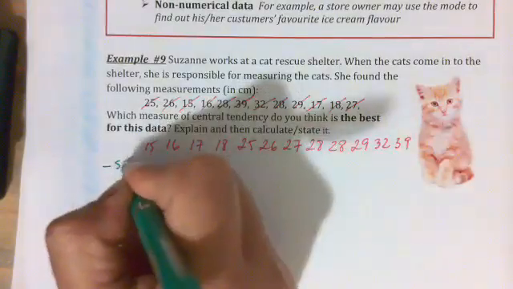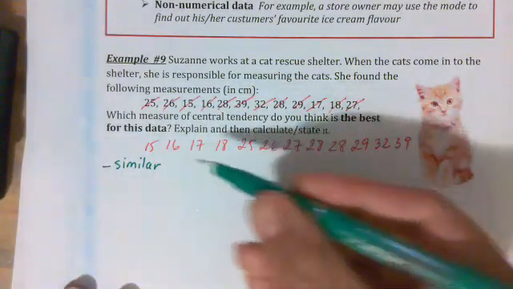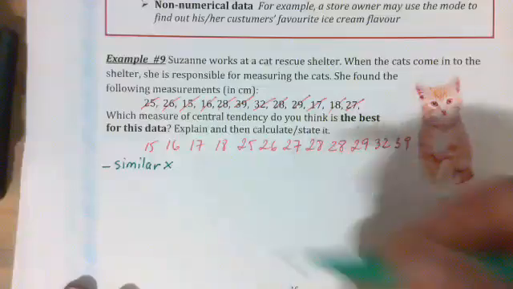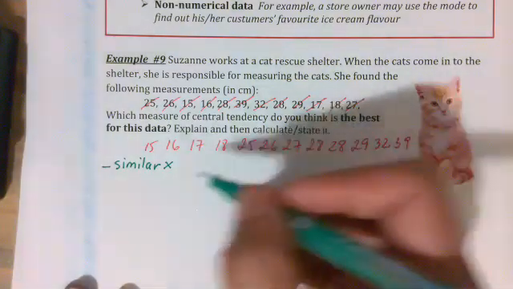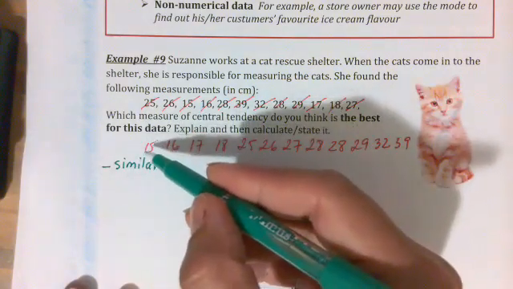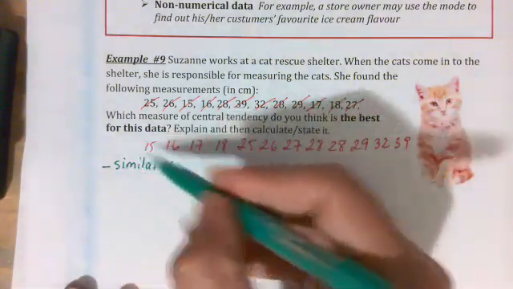Now, is my data similar to one another? If you look, nope. So that means not the mean, right? Is my data similar to one another, but only one is different? No, because obviously similar has to be part of it.